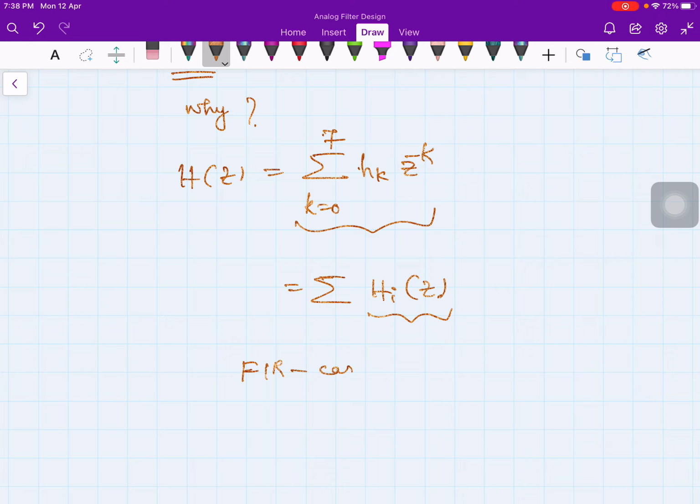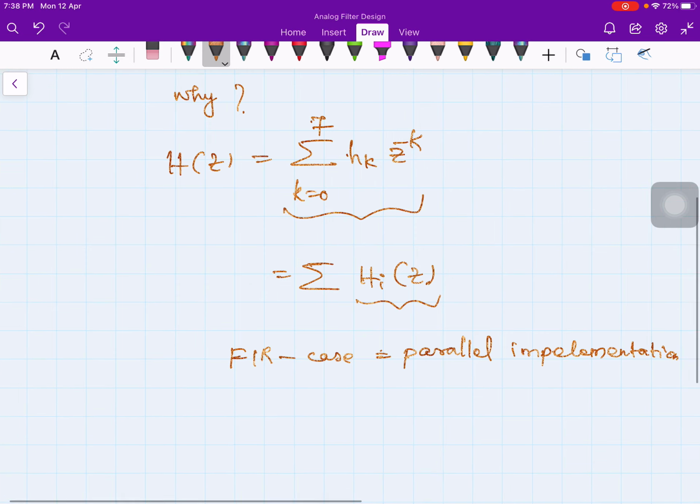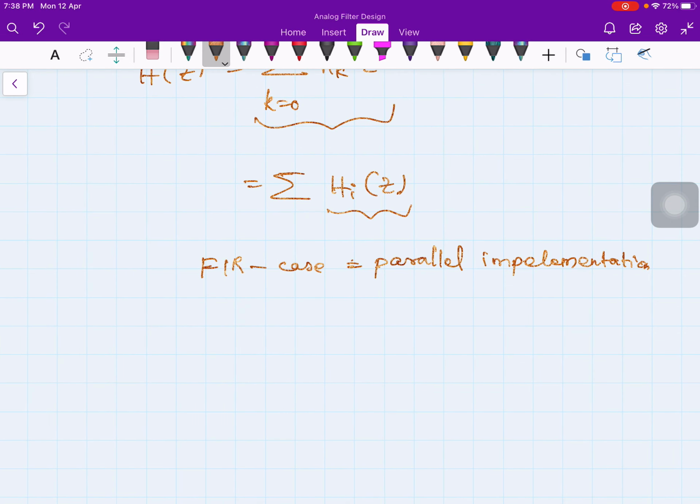So in FIR case, parallel implementation will not reduce the processing time, will not help us in any way.